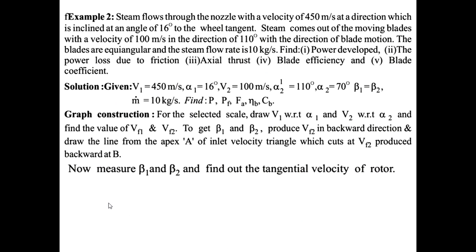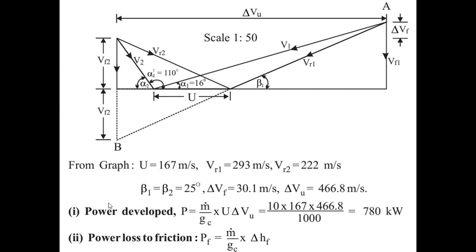So V2 100 meter per second, alpha 2 70 degrees, I'll draw one line on the left side, because the inlet velocity triangle is drawn on the right side. On the left side I will draw the outlet velocity triangle, V2 and alpha 2. Once you complete this V2, from the tip of this V2 you drop a vertical line that shows VF2.